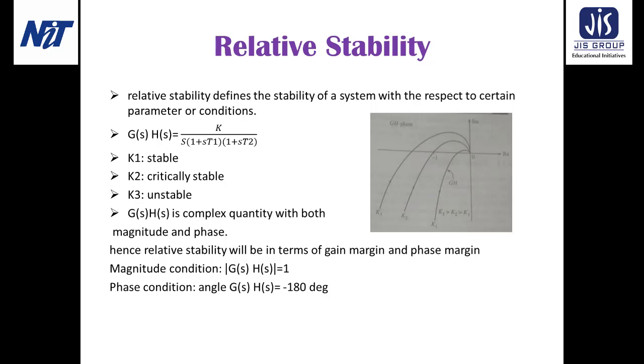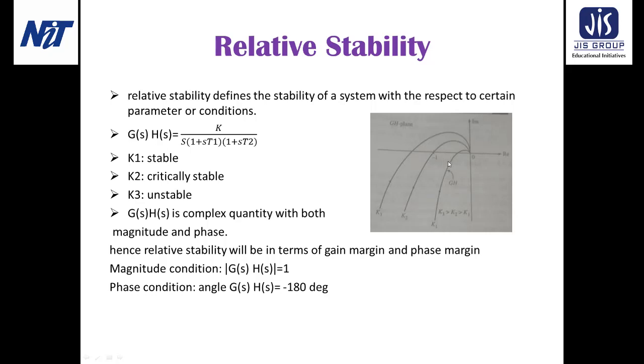For the gain K equal to K1, the intersection of G(j omega)H(j omega) with the negative real axis occurs closer to the origin than that of the polar plot having the gain K2, where K2 is greater than K1. Again, K3 is greater than K2, and we can see that K3 intersects the negative real axis a bit farther than the K1 value.